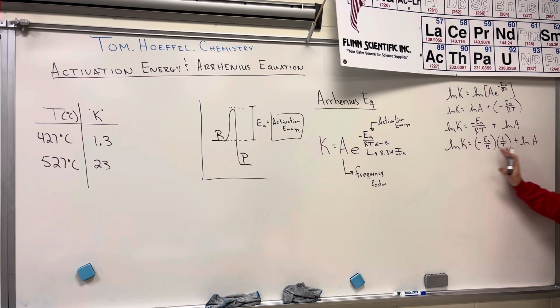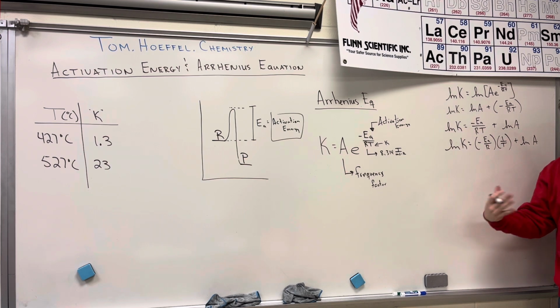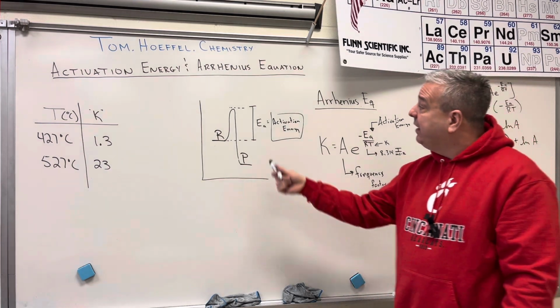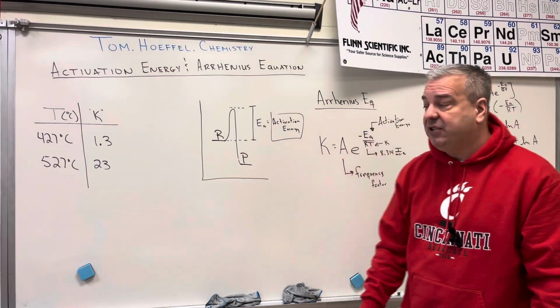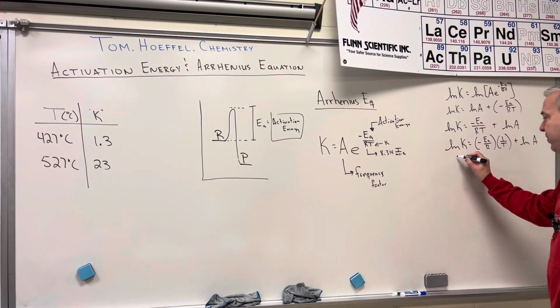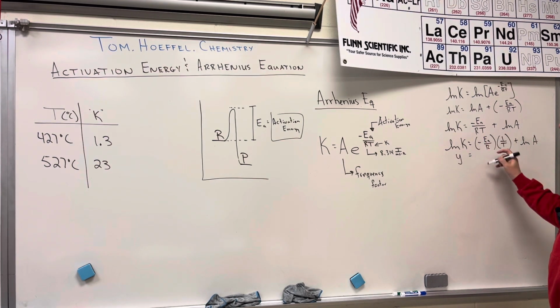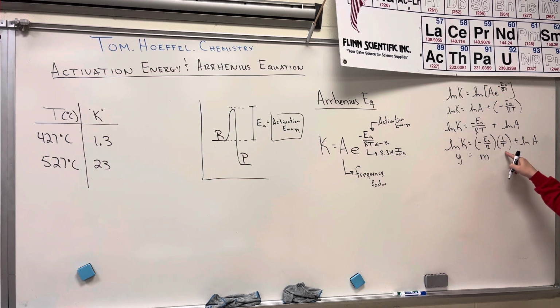And the reason why I have it in this form is because this is slope-intercept form, and we can actually create a graph in order to calculate this activation energy. So really, this is the Y, and this value right here is the slope. This is going to be our X, and the natural log of A is going to be our Y-intercept.